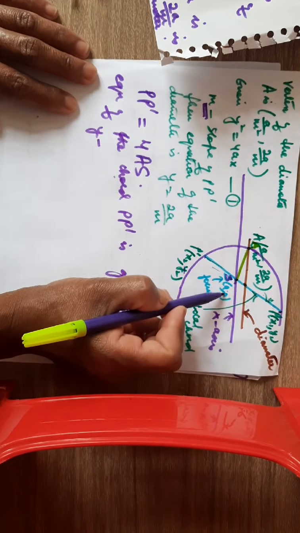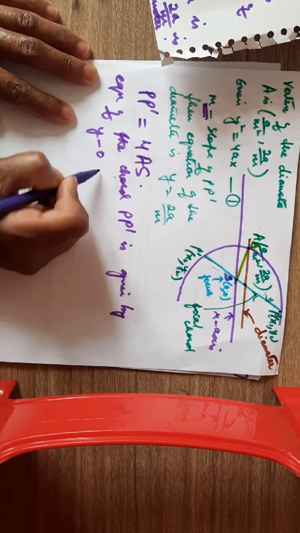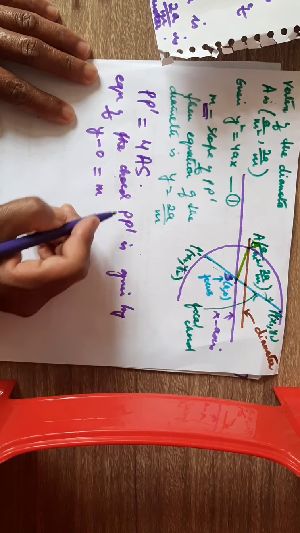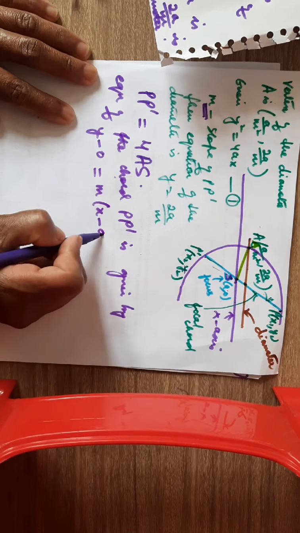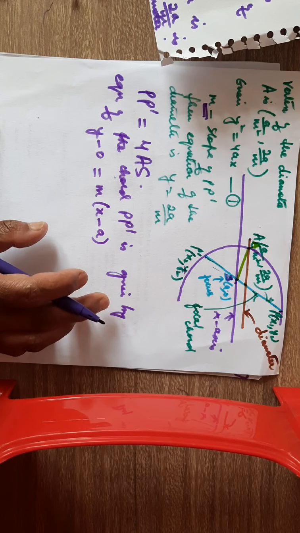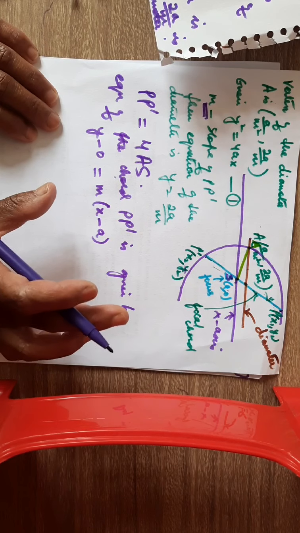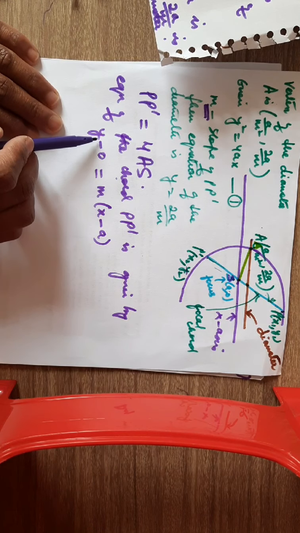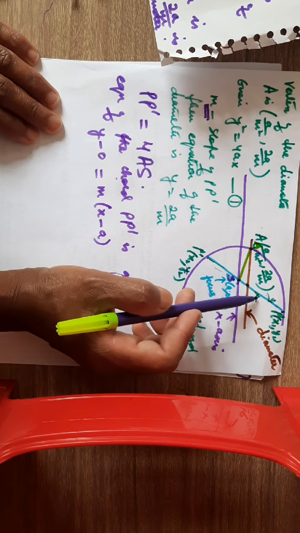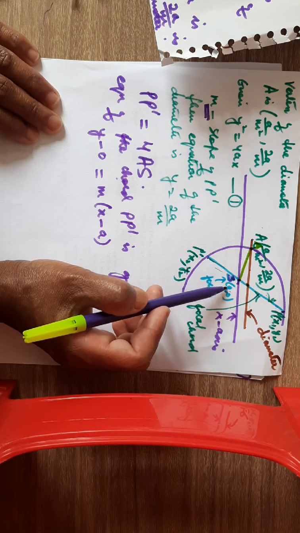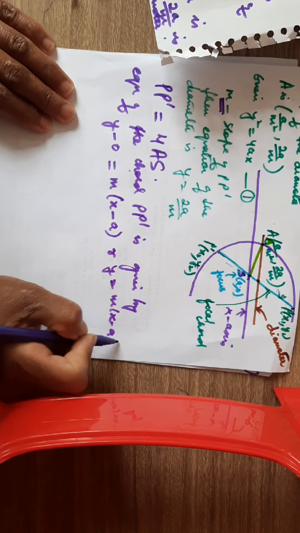Because it passes through the point S(a, 0), using the formula of the equation of a line having slope m and passing through one given point, it will be y minus 0 is equal to m times x minus a, because this chord PP prime is known to pass through the focus having the coordinate (a, 0). So you get y is equal to m into x minus a.